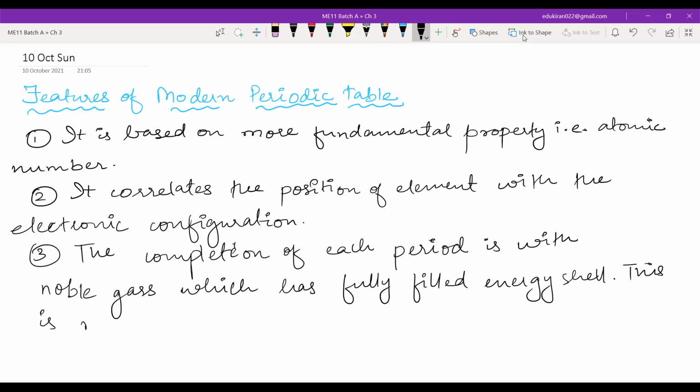This is more logical, right? Now, in the first period, what happens?